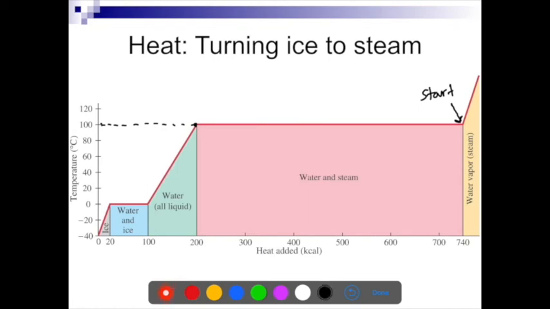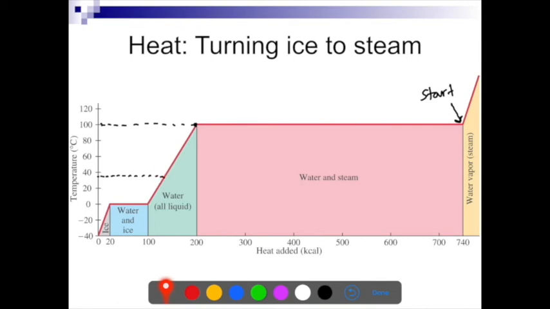And the problem says that the body is at a temperature of 36.5 degrees Celsius, which is about here. Okay, right? So water, initially starting at 100 degrees Celsius, needs to cool down to match the temperature of skin.